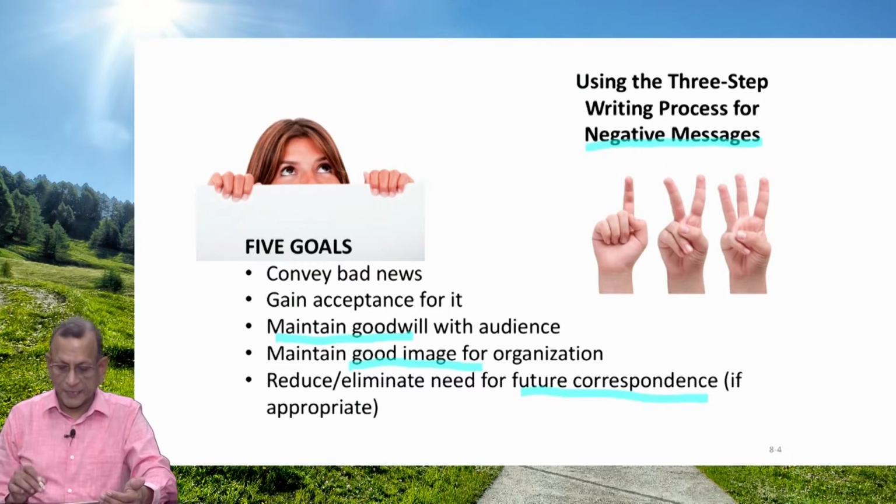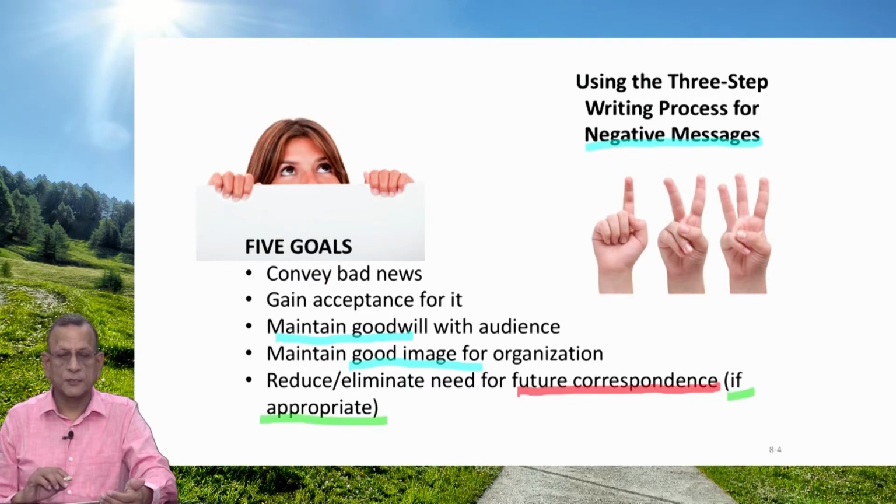If it's not appropriate, then you may be open, you may encourage, you may welcome future correspondence. This is quite possible that if it is needed, then you may invite future correspondence. But if appropriate, then what I'll recommend is that please avoid future correspondence. So friends, in this manner, we have 5 goals.